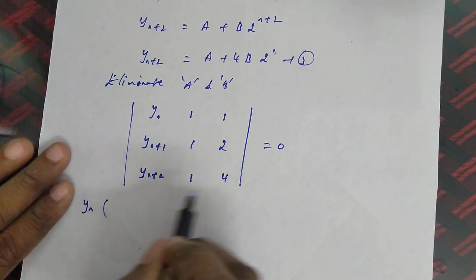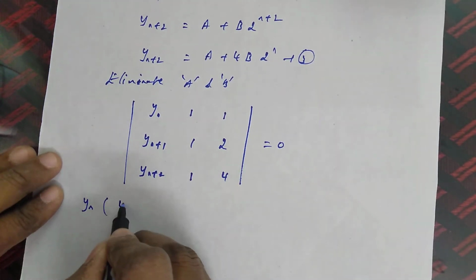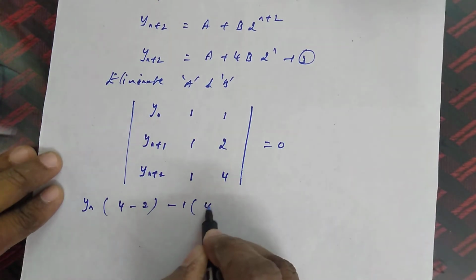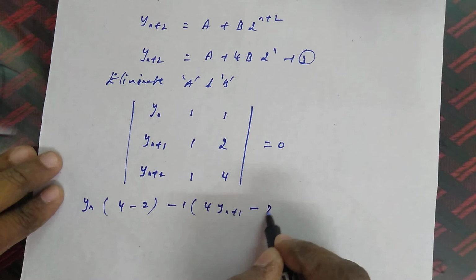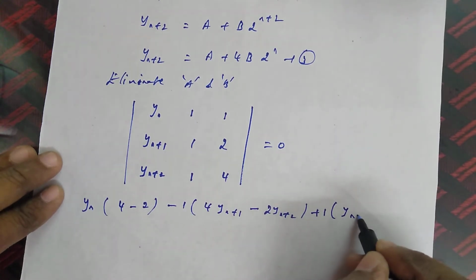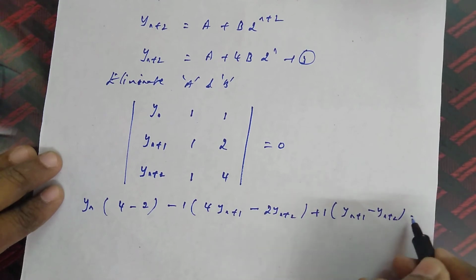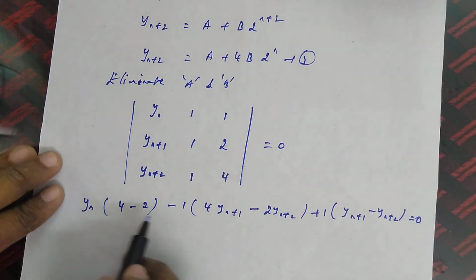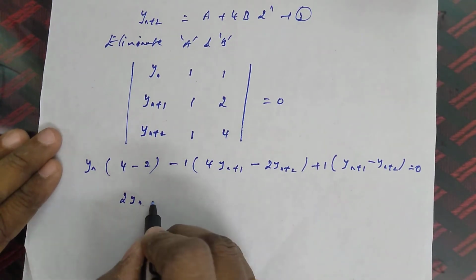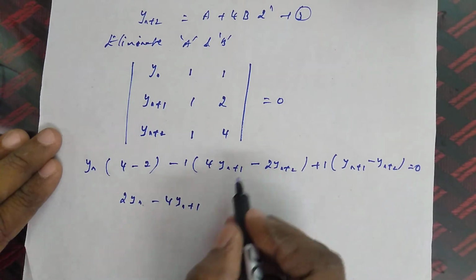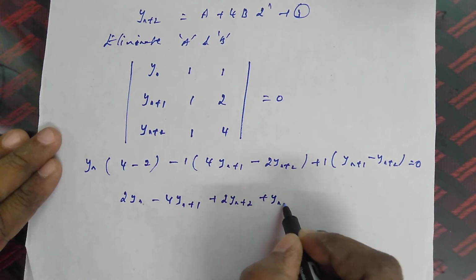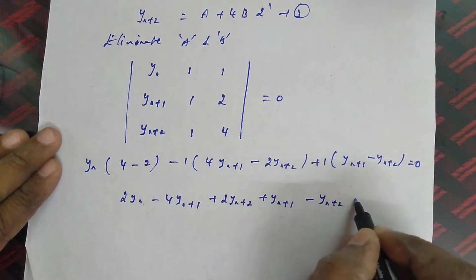So yn into corresponding row and column we can omit, 4 minus 2. Minus 1 into, here also row and column, 4 yn plus 1 minus 2 yn plus 2. Then the last one plus 1 into yn plus 1 minus yn plus 2 equal to 0. So now here it is 4 minus 2, it is 2 yn. Here minus 4 yn plus 1, minus into minus plus 2 yn plus 2, and plus yn plus 1 minus yn plus 2 equal to 0.